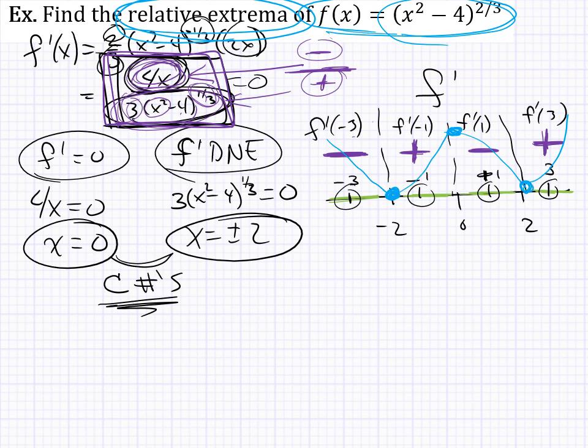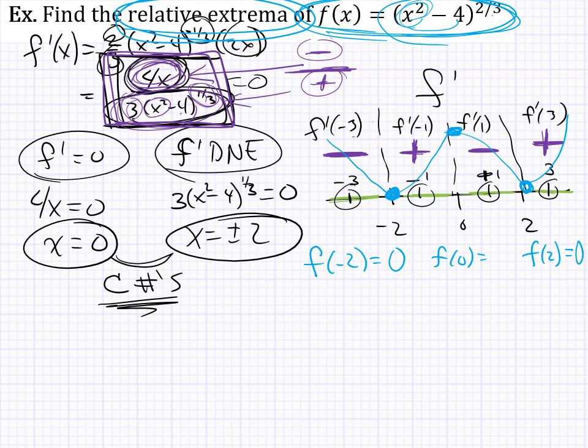Well, how do I figure out if it exists on the graph of this function? Well, if I can find f of -2 and f of 0 and f of 2, then each one of these individually will exist. Well, what happens? If I plug -2 in here, this becomes 4. 4 minus 4 is 0. 0 to 2/3 gives me 0. Same thing would happen if I plug 2 in, I get 0.